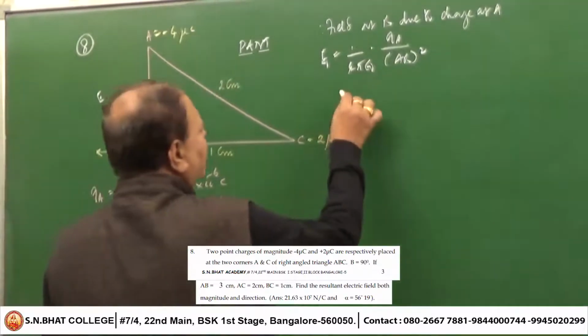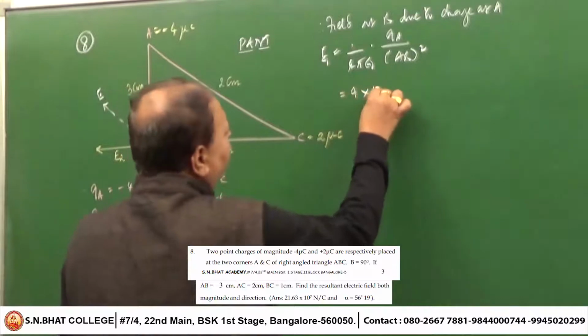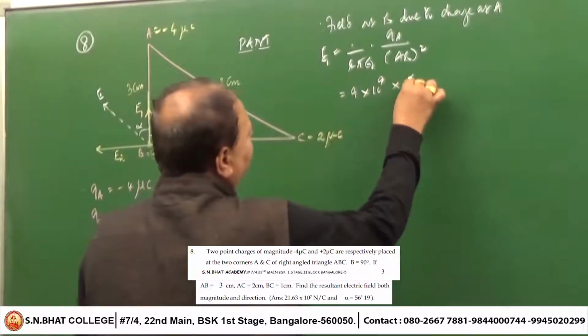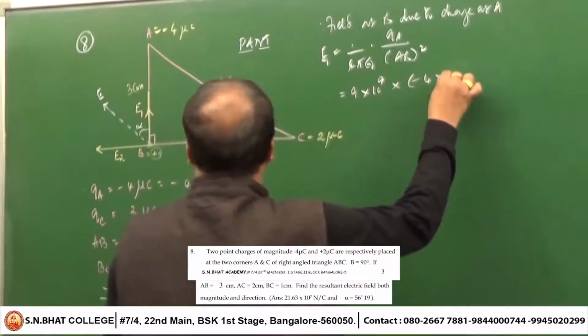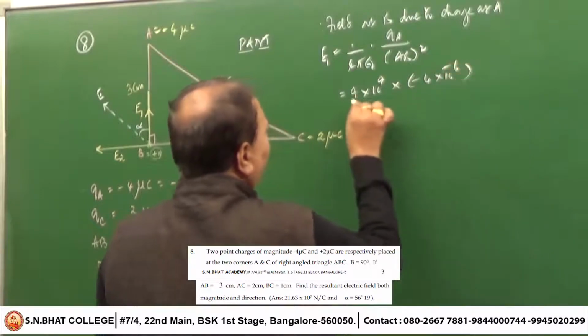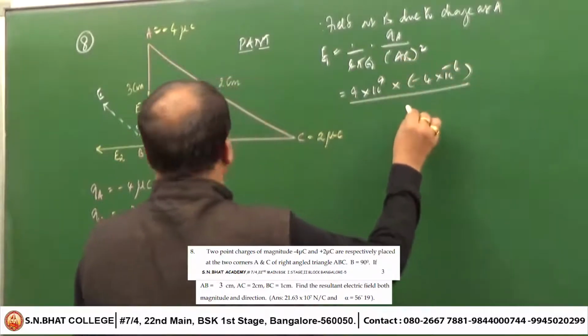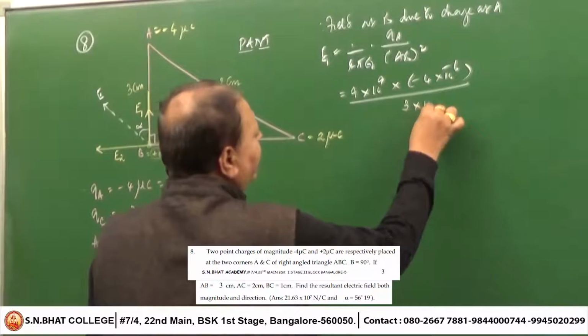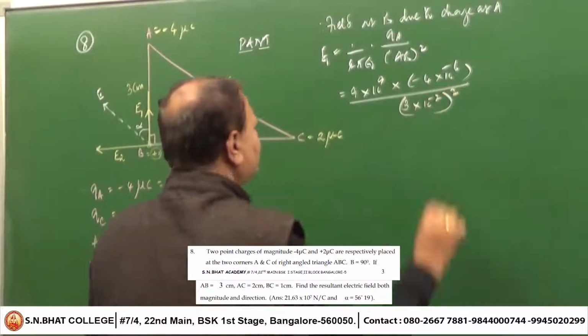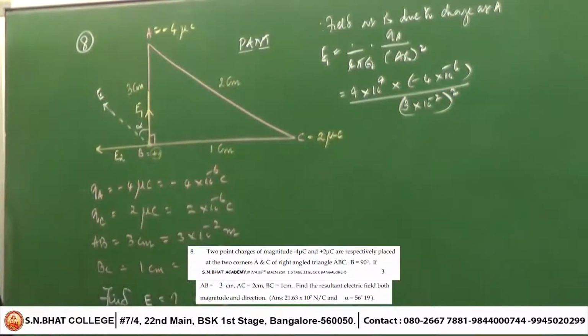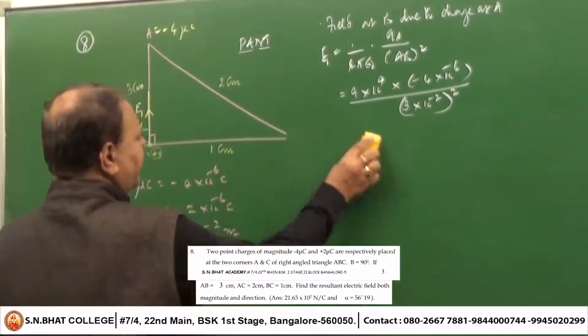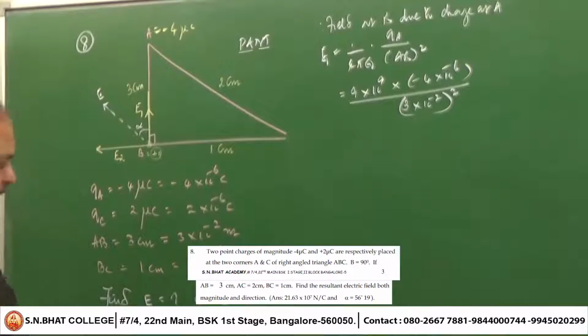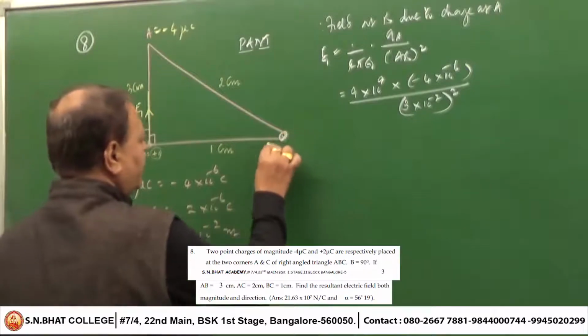Therefore, this value is equal to 9 into 10 to the power of 9 into minus 4 into 10 to the power of minus 6 whole divided by, the value of AB is equal to 3 centimeter, which is 3 into 10 to the power of minus 2 whole square. So you have substituted all these things.